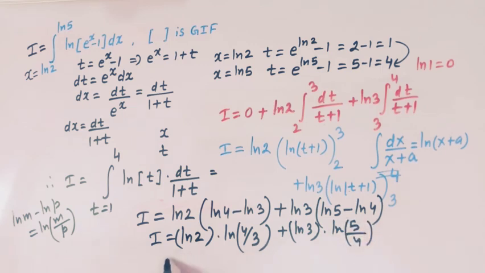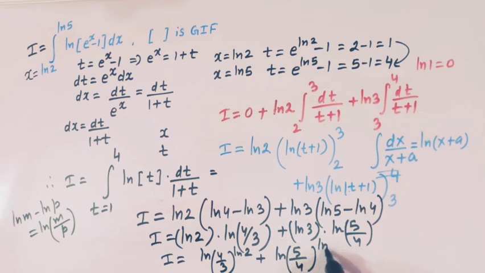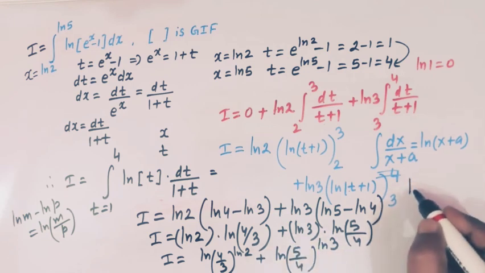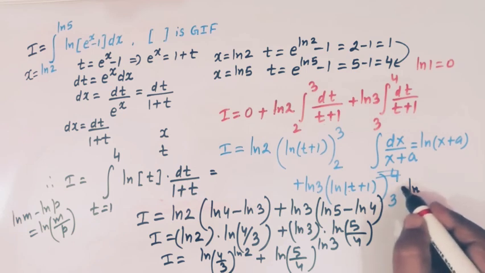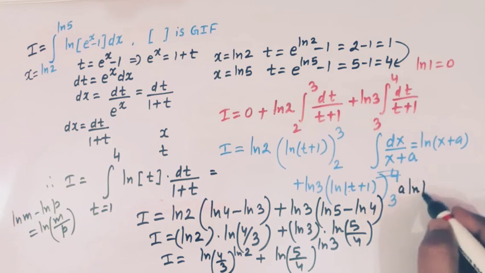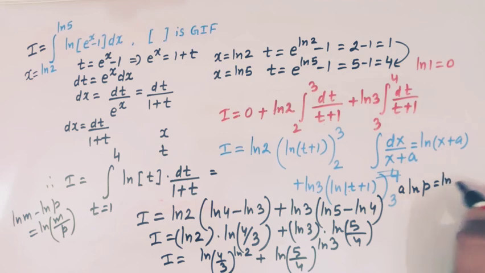Okay, so now we can further write this expression as log of 4 over 3 raised to log of 2 plus log of 5 over 4 raised to log of 3, right? So here also we have made use of the properties of log, which says that if we have a log p, then we can write it as log of p raised to a, right?